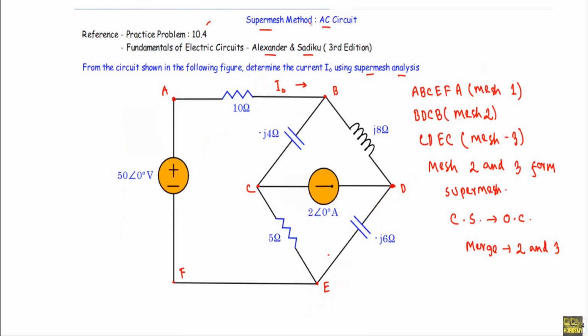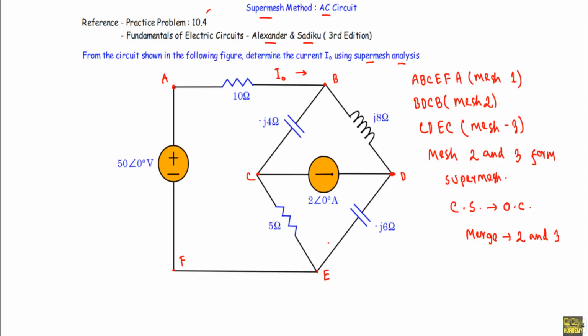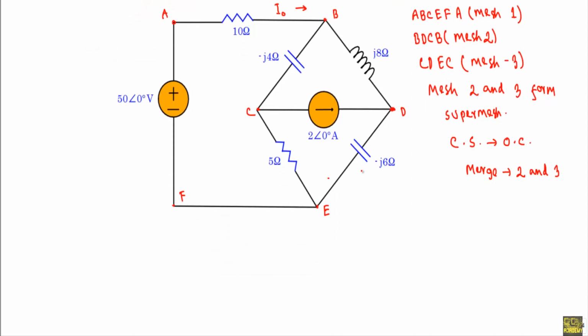Analysis of a supermesh AC circuit is quite similar to the analysis of a supermesh with DC quantities. So here mesh 2 and mesh 3 will form the supermesh. Let's say in mesh 1 we have the mesh current I1 flowing in the clockwise direction.